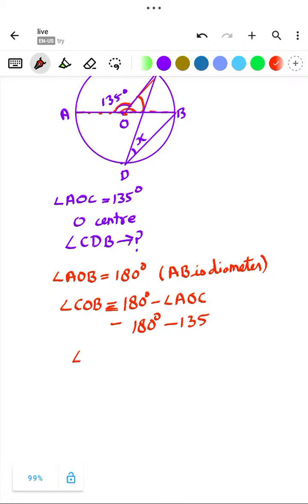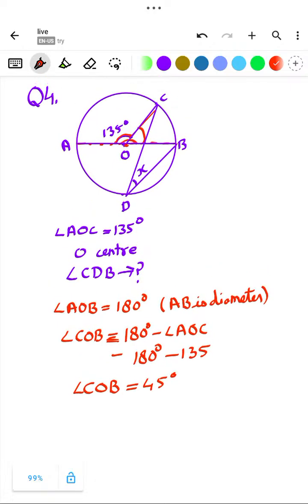So this will give angle COB is equal to 45 degree. So this angle is 45 degree. Okay.